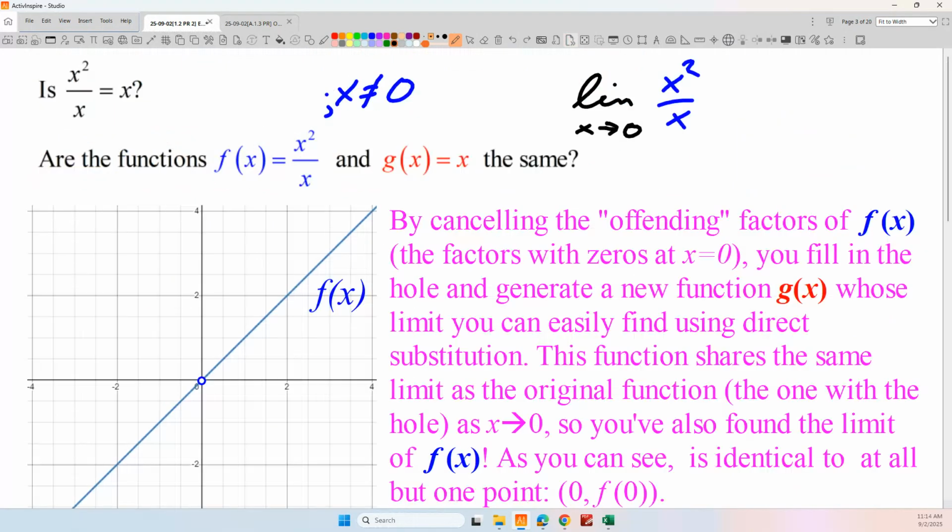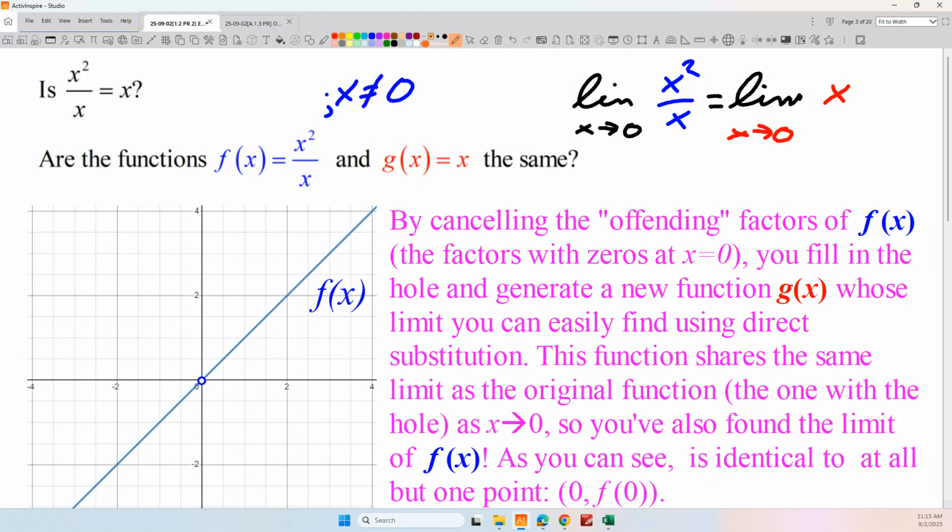Okay, what's the more work in this case? What do you think? Simplify to the other equation and evaluate that. Yeah, we're going to simplify that. We are going to cancel the factor x from the top and the bottom, and this is going to become instead the limit of the red function as x approaches 0.